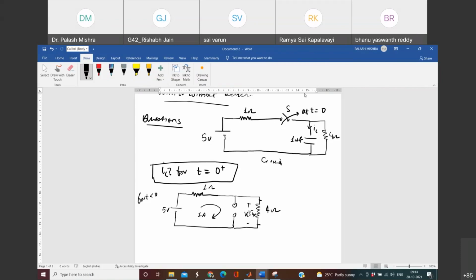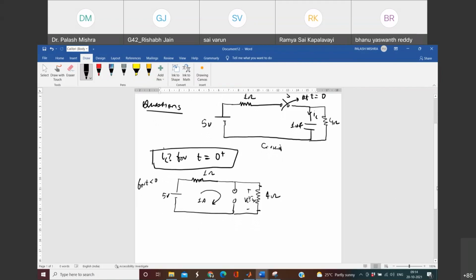Now, when this switch S is opened at time t equals 0, the capacitor won't allow sudden changes of voltage. So the capacitor will keep plus minus 4 volts, VC(0+) equal to VC(0-), and this will allow the current to flow through this 4 ohm resistance.